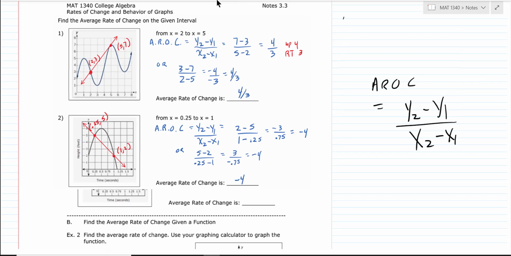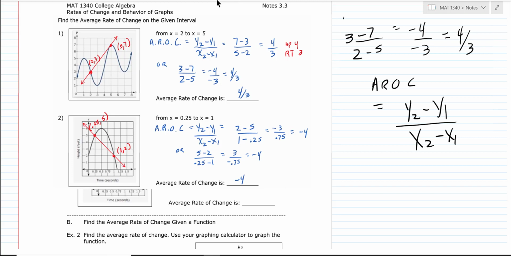But I want you to notice if you did 3 minus 7 over 2 minus 5, you would get negative 4 over negative 3, which is still 4/3, isn't it? So it's up to you what order you do them in, but you have to be consistent. The order you do the numerator in, you have to do the same in the denominator. But it's your call on which order you want to do it in.